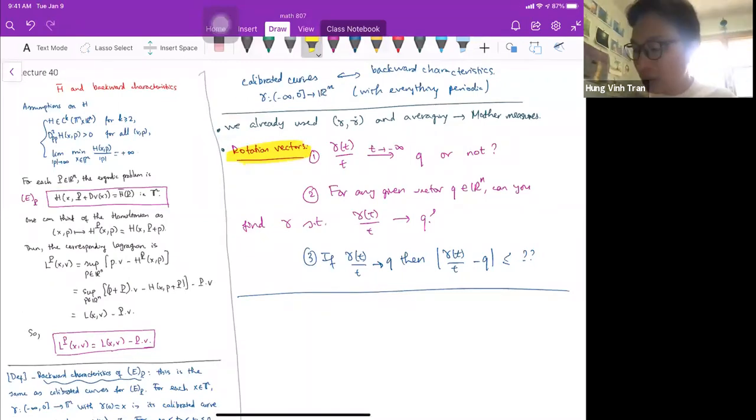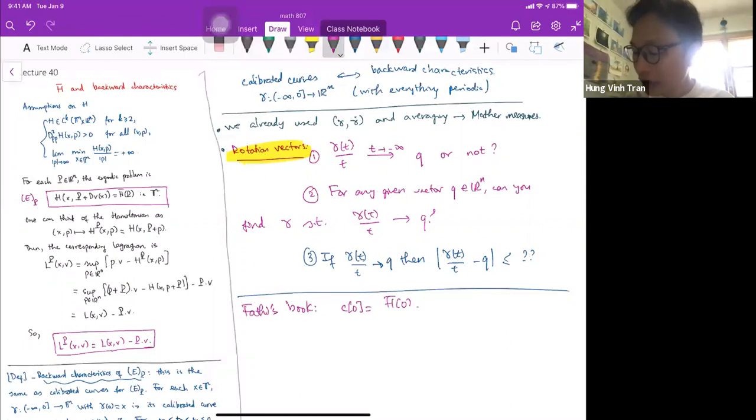In order to address this, this is not in Fathi's book, because in Fathi's book he focused on C0, which is H bar 0.